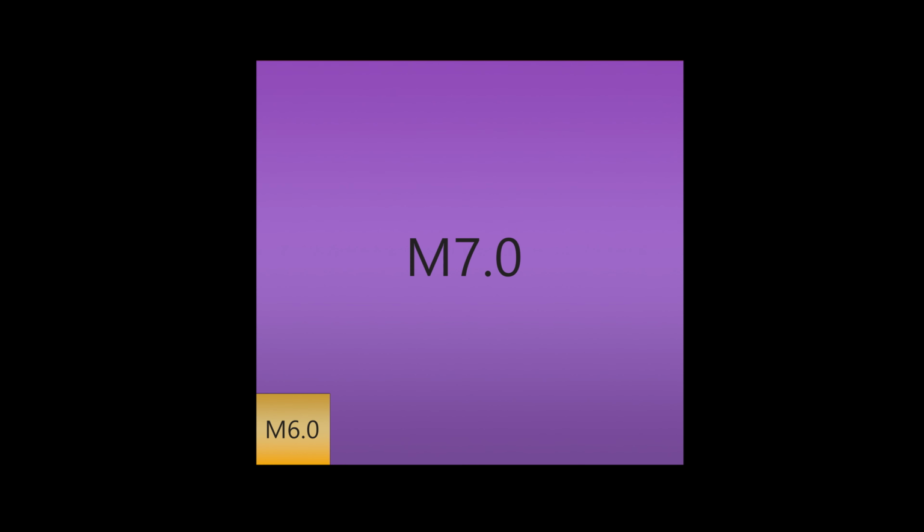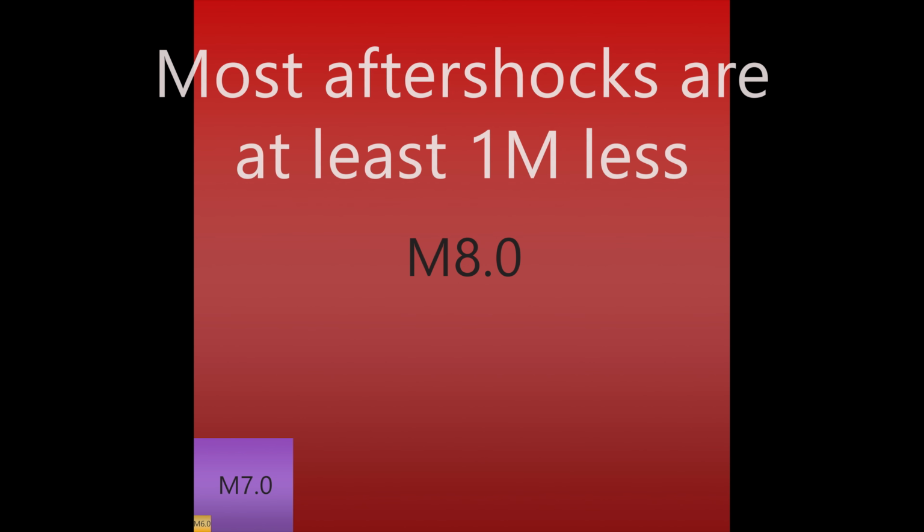So a magnitude 7 earthquake energy square would be this big compared to our magnitude 6 square. A magnitude 8 square would be this big. As you can see, it makes a big difference that most aftershocks tend to be at least 1 magnitude less than the original shock. Otherwise, a tremendous amount of energy is unleashed in a short period of time onto a region.